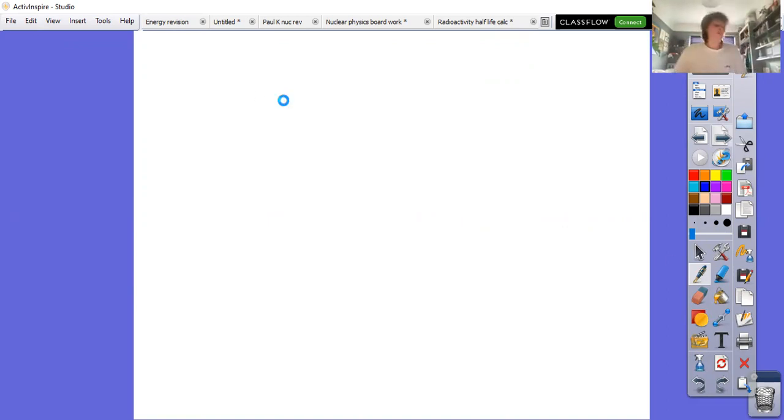Brilliant. Now the next thing we're going to look at is these projectiles, which are launched at an angle. When you have something launched at an angle, the examiners like having a field day with these as well. Remember, the reason why we've got this shape is because we have gravity acting.